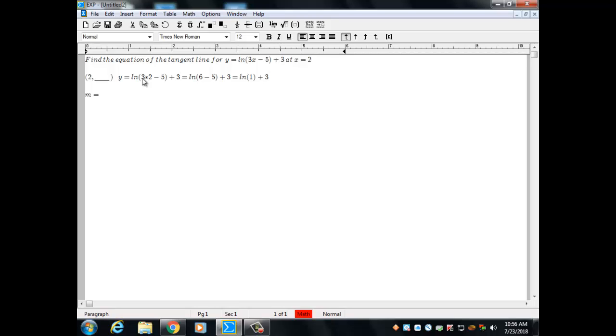Now, here's the part that everybody forgets. What's the ln of 1? Ln of 1 is 0.